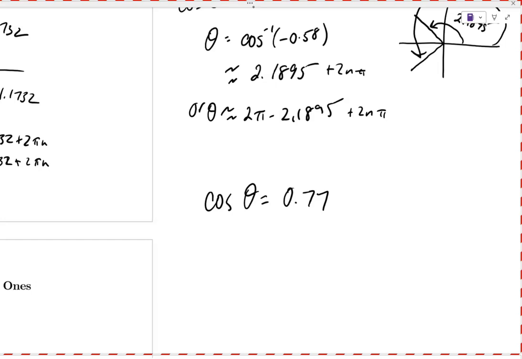Let's say we have cosine of theta is 0.77. What do we do first? Inverse cosine. Okay. And get 0.6920.